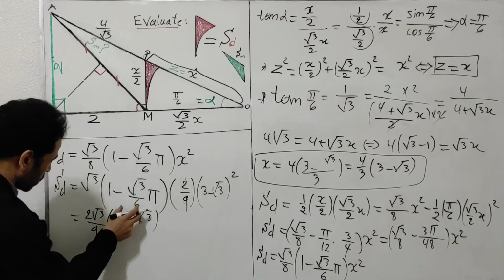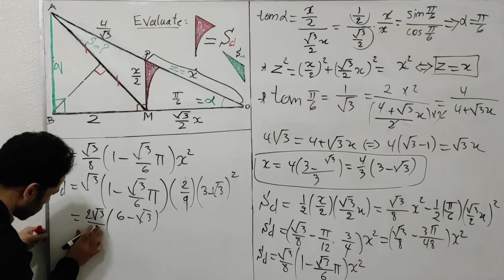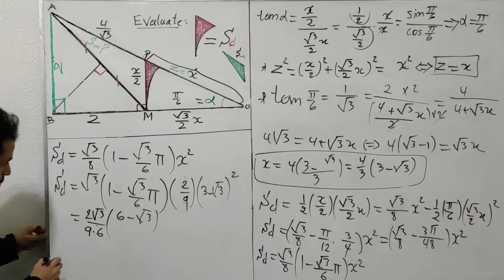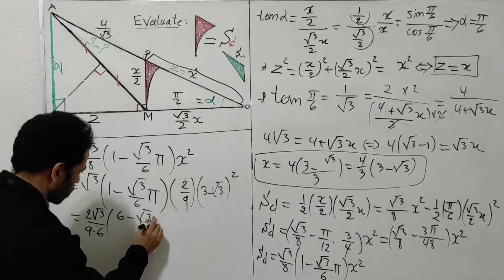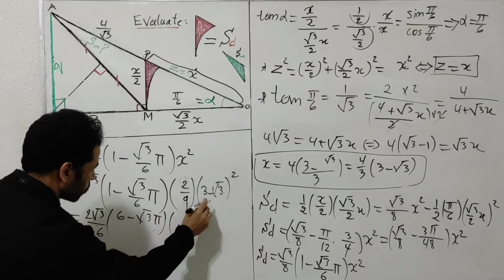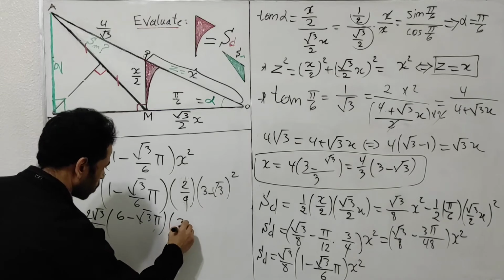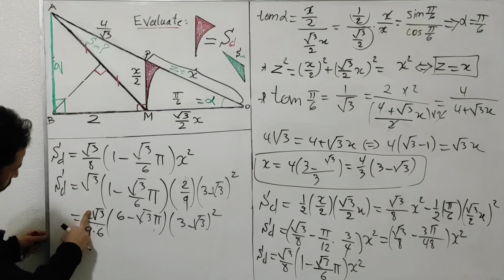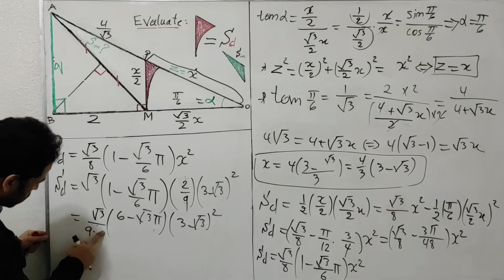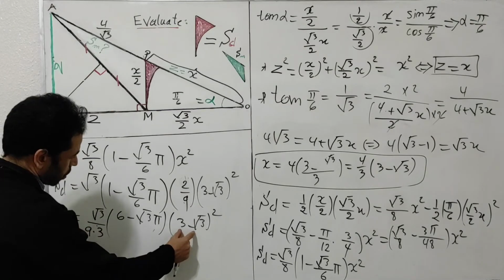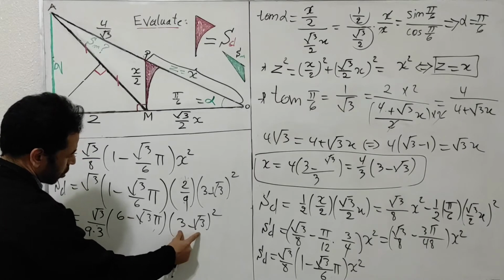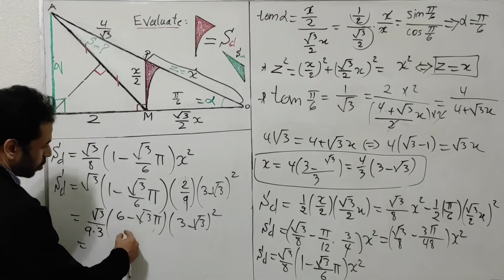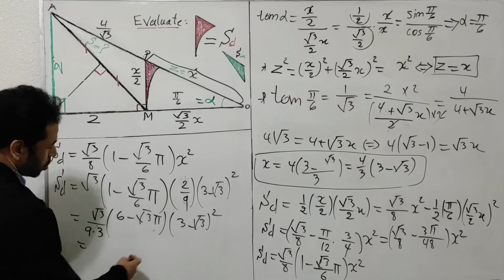By taking this 6 outside, I will get 9 multiplied by 6. I will get pi here multiplied by this term, which is 3 minus square root of 3 quantity squared. Okay, I'm going to simplify this one. 2 becomes 3 here. I'm going to make square root of 3 a common factor in this expression. Then I take it out as a 3 because we have exponent 2.